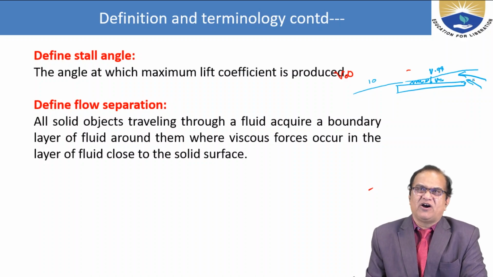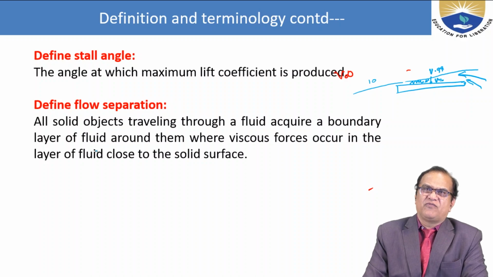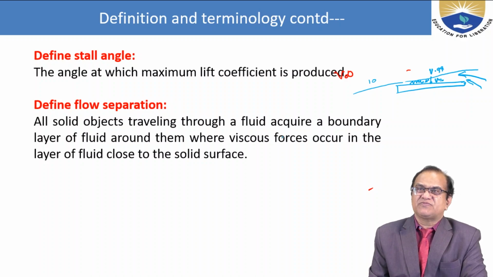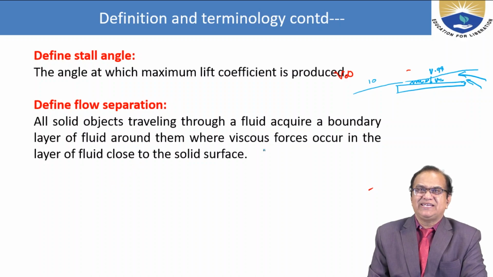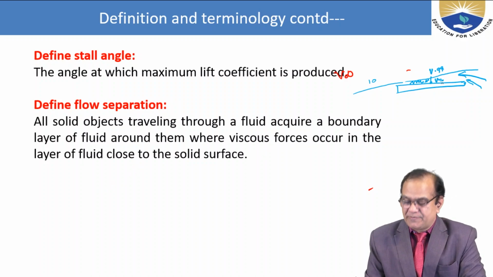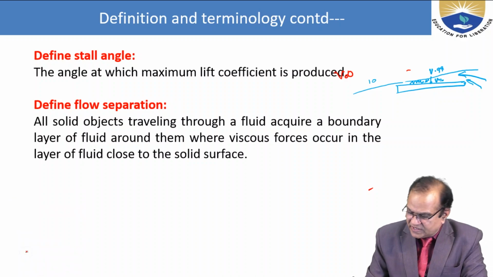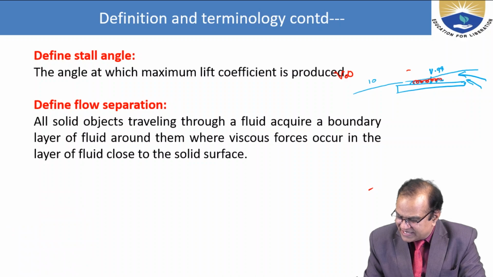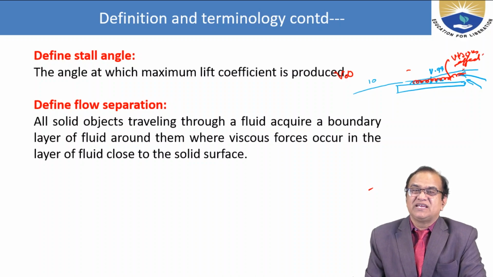So all solid objects traveling through a fluid acquire a boundary layer of fluid around them, where viscous forces occur in the layer of fluid close to the solid surface, and it is happening due to the viscous effect. This viscous effect is playing the role for this flow separation.